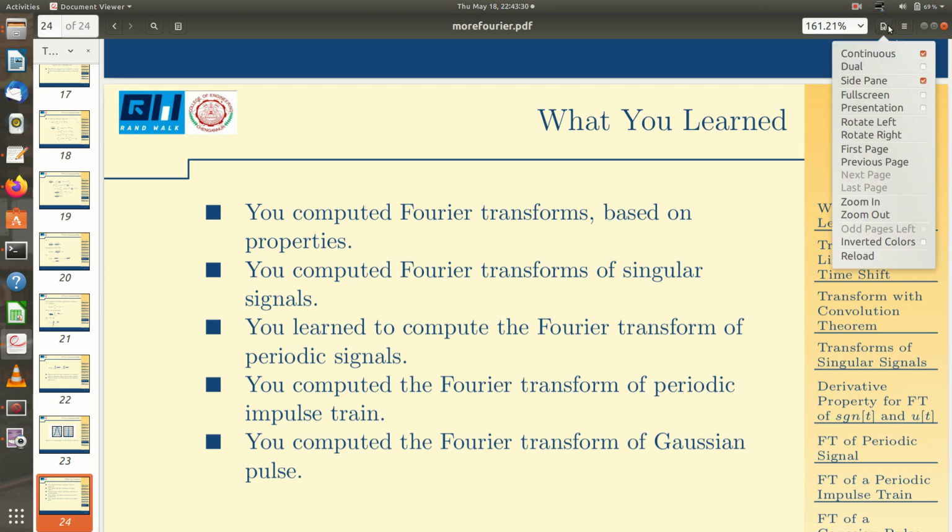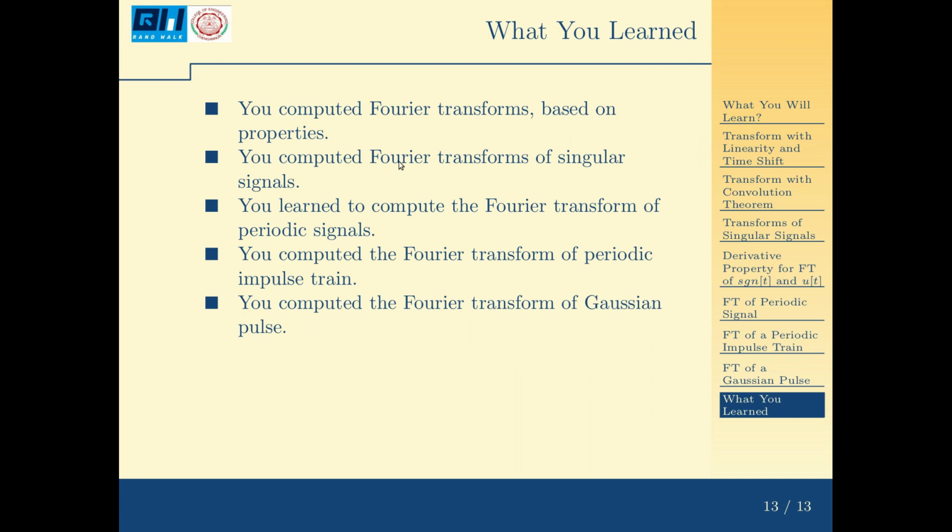Now coming to the summary of understanding. In this video, you compared the Fourier transform based on properties like the Fourier transform of a bipolar rectangular signal, the Fourier transform of a triangular signal, etc. Then you computed the Fourier transform of singular signals like sgn(t), u(t), etc. Then you learned to compute the Fourier transform of periodic signals using Fourier series.